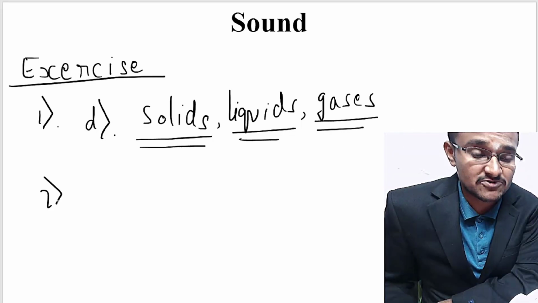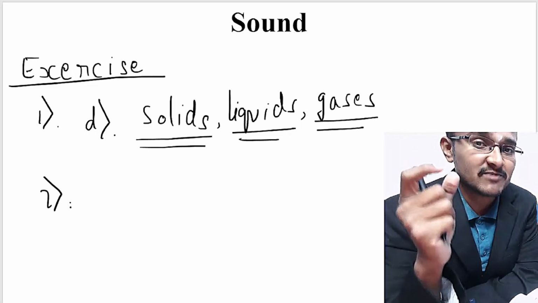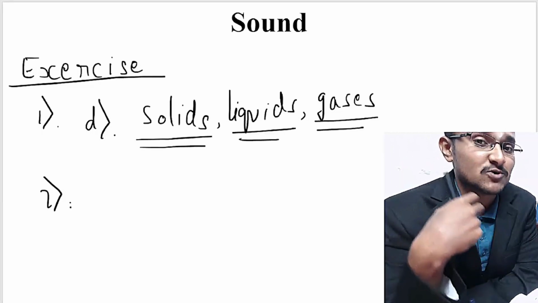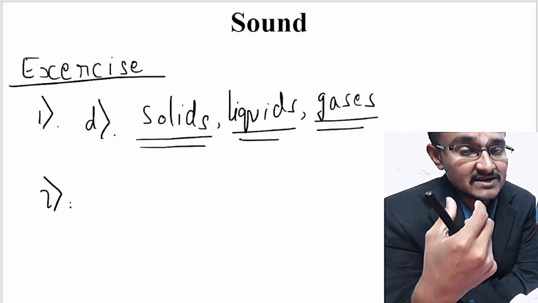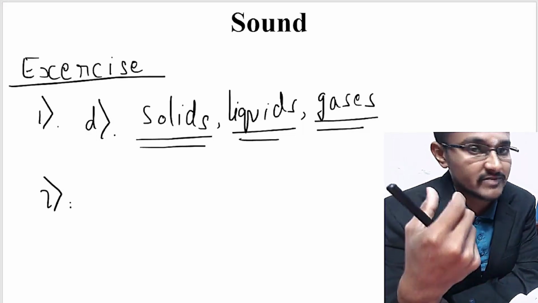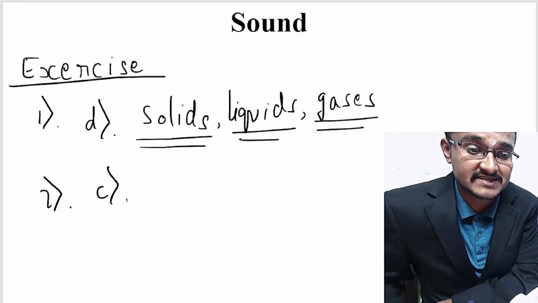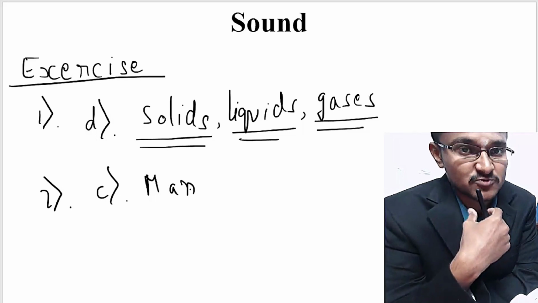Coming to the second question in this exercise: which sound has minimum frequency? A sound generated by a baby girl, a sound generated by a baby boy, a sound generated by a man, or a sound generated by a woman? Here the answer is option C, man, because a man has lesser frequency in his voice.